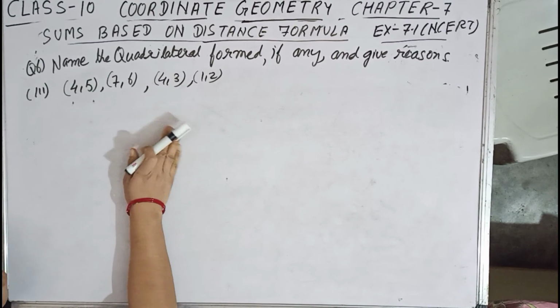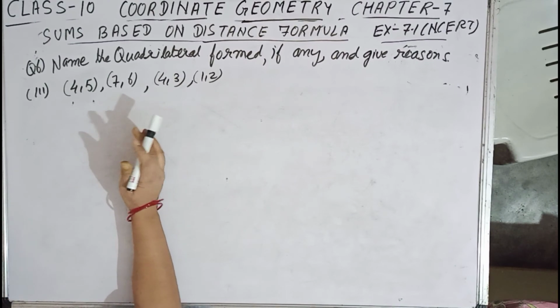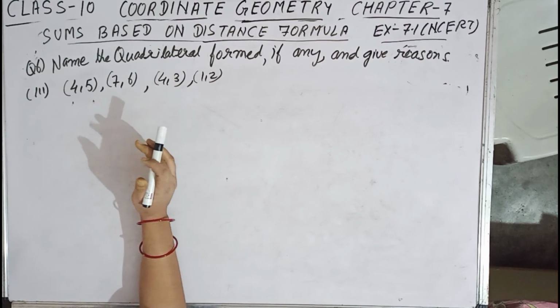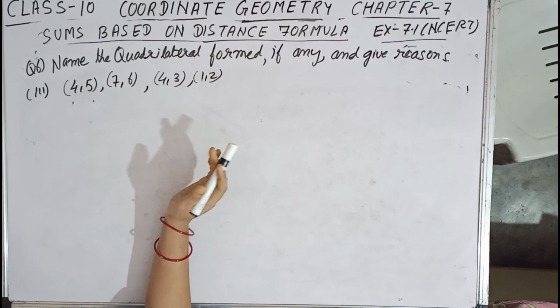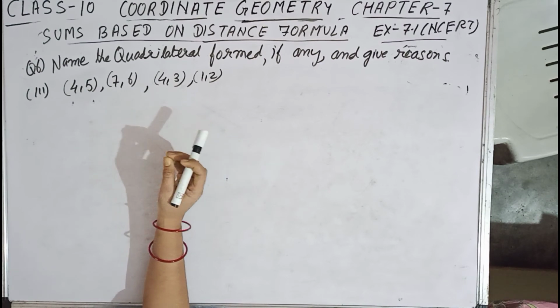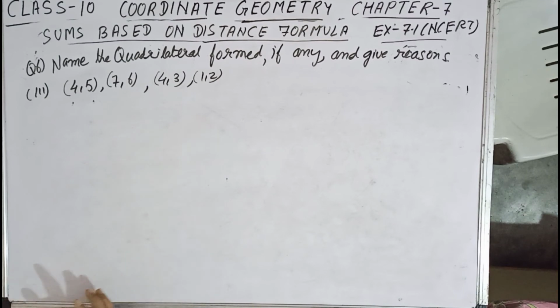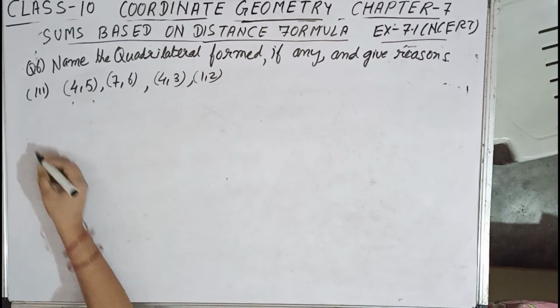And if the quadrilateral is forming, then we have to give reasons why it is a particular quadrilateral, that is, a square, a rectangle, or a parallelogram, and why it is so. That explanation also we have to give. So let us start the solution.